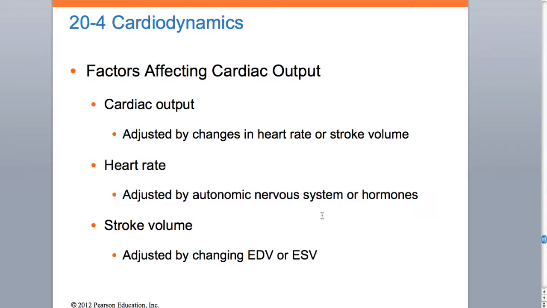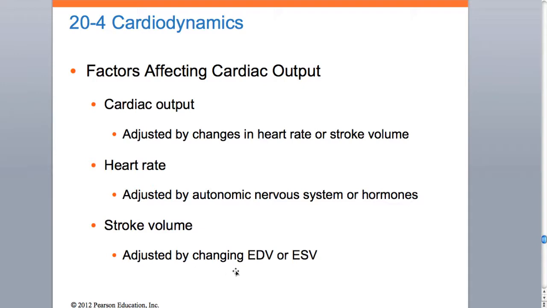earlier, I adjust the heart rate either electrically or chemically by adjusting the SA node. So if I adjust the SA node according to chemicals, like hormones, or if I zap the heart with electrical wiring or whatnot, it's going to do what? Adjust the heart rate. So electrical and chemical affecting the SA node for the heart rate.